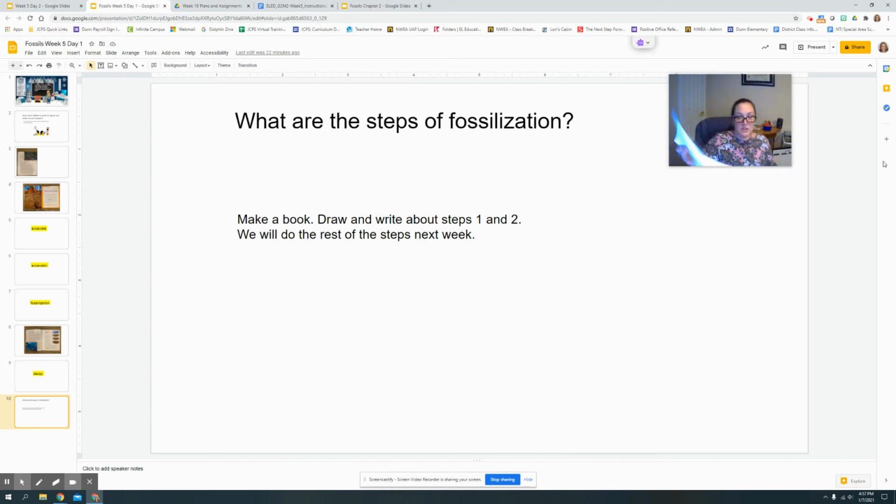Oh, let me show you. You can see it there. Step 1. And at the top of this page, you're going to write step 2. Now, there are more than 2 steps. That's why we have more pages in our book. But we're only going to do steps 1 and 2 today.